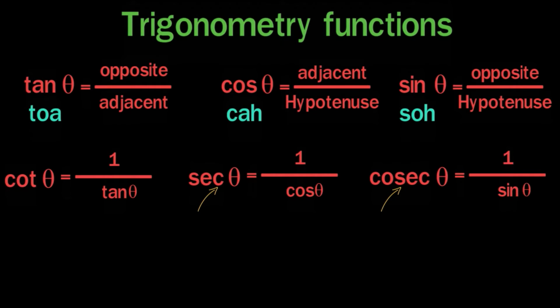So let's try with the first example to understand what is actually TOA, CAH, SOH using example. So let's say we have a right angle triangle, this is value 3, this is 4, the angle is here.